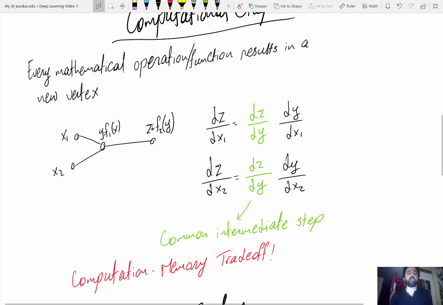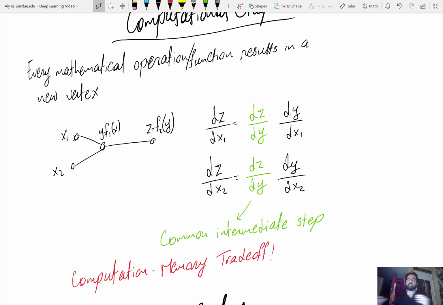So for example, here I want to compute the derivative of z with respect to x1. There is a very nice decomposition: the derivative of z with respect to x1 is the derivative of z with respect to y times the derivative of y with respect to x1, right?